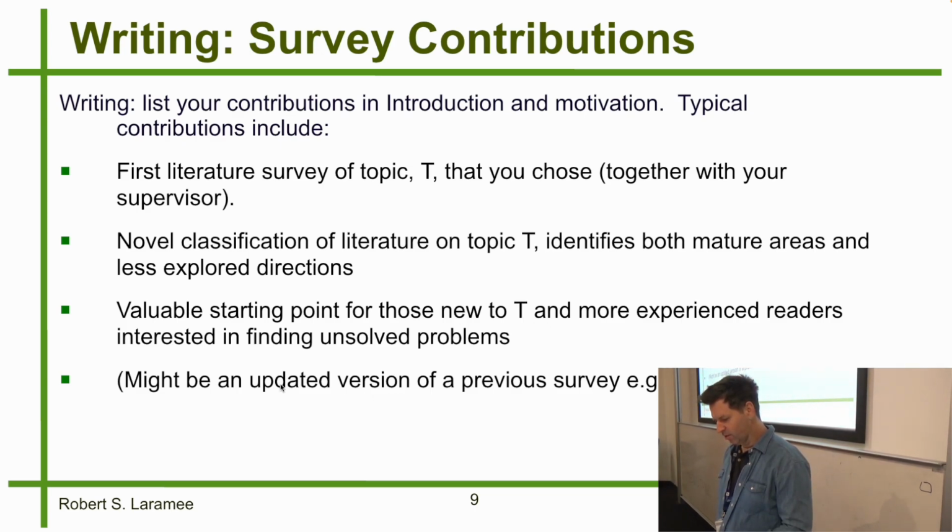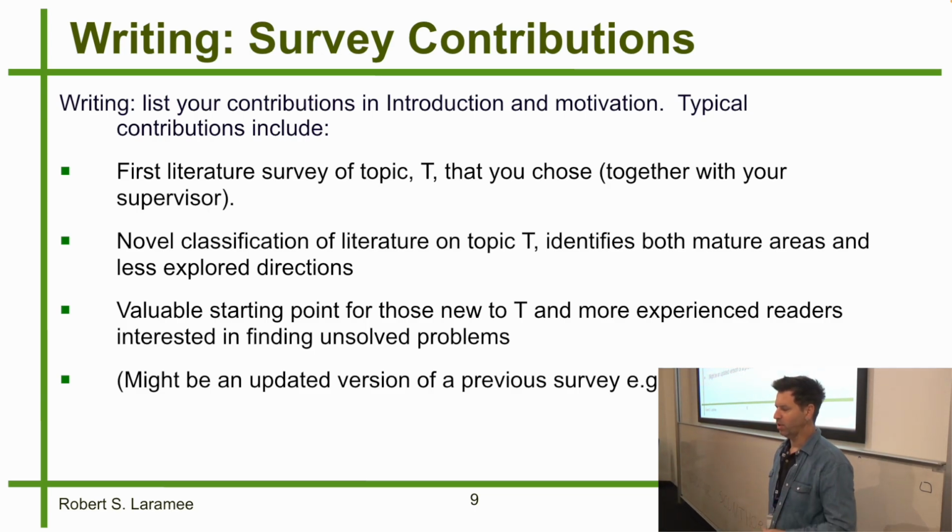Also, another contribution might be an updated version of a previous survey. So some surveys get outdated over time. You can take a given topic that's already been published 10 or more years ago and refresh it, update the same topic. That's a typical contribution of a survey.